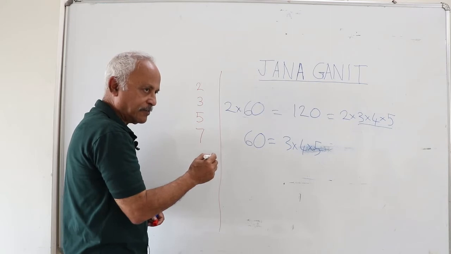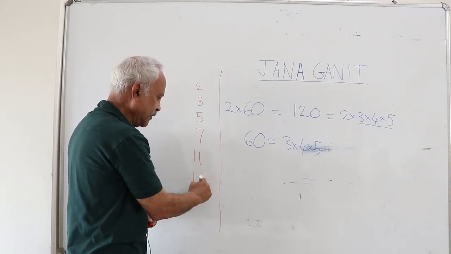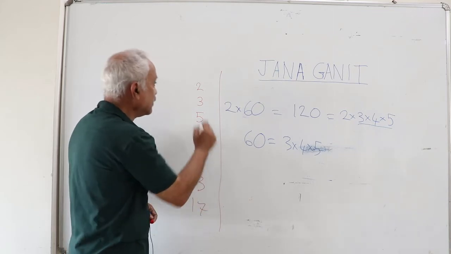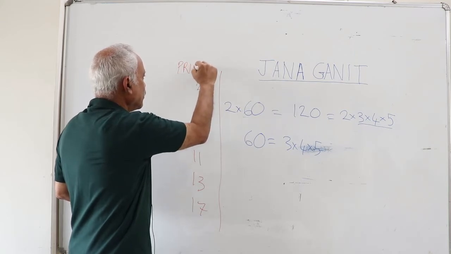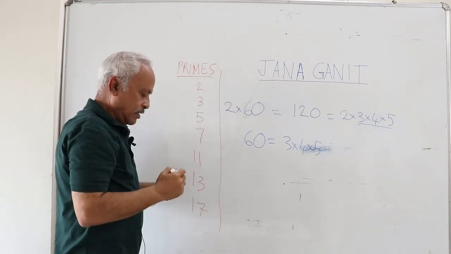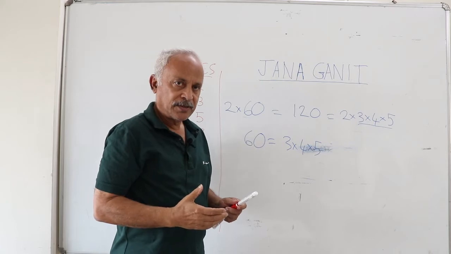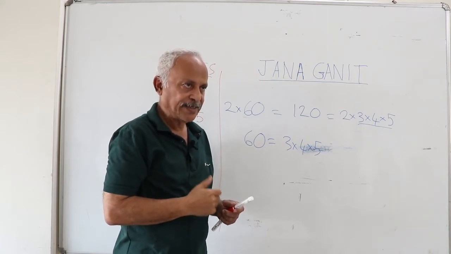10, is it a prime number? No. Next one is 11. And so on. Okay? 11, 13. 15 is not a prime number. Then 17. These are all the prime numbers. Now, the way to factorize a number using your calculator, let's see that.